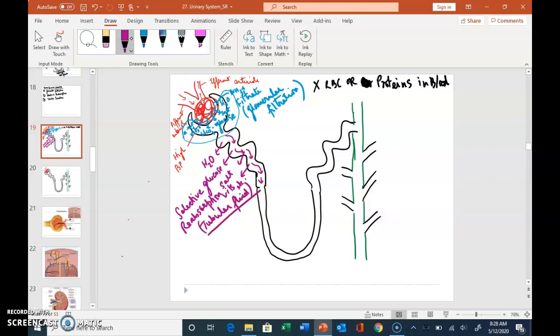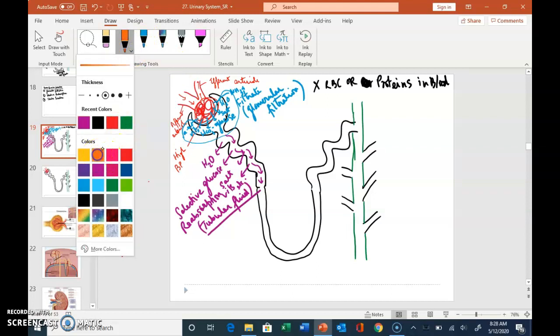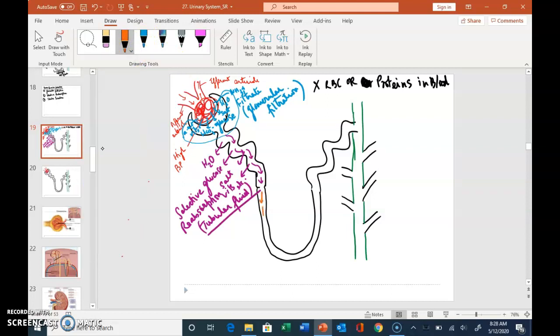Okay. So now this tubular fluid moves down the descending limb of the loop of Henle. And I want you to know that the descending limb of the loop of Henle is very permeable to water and water only.